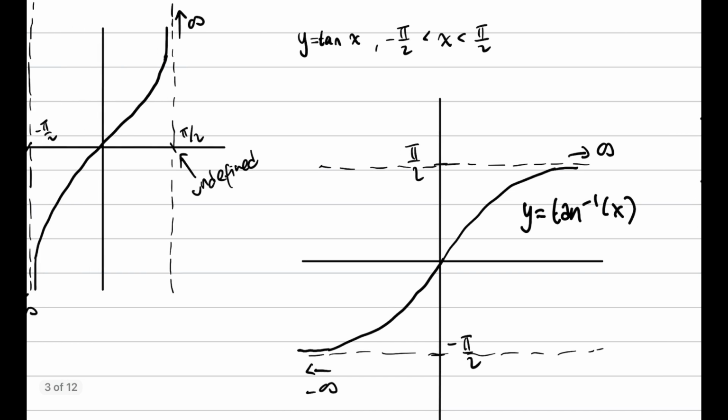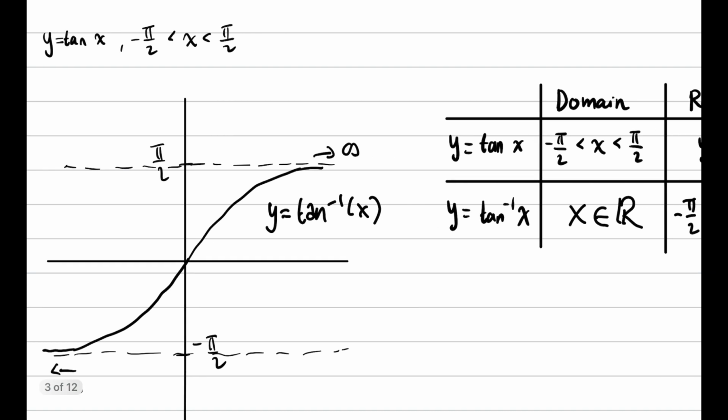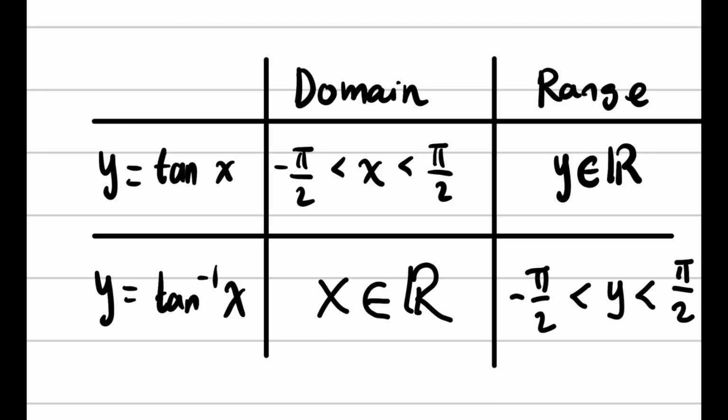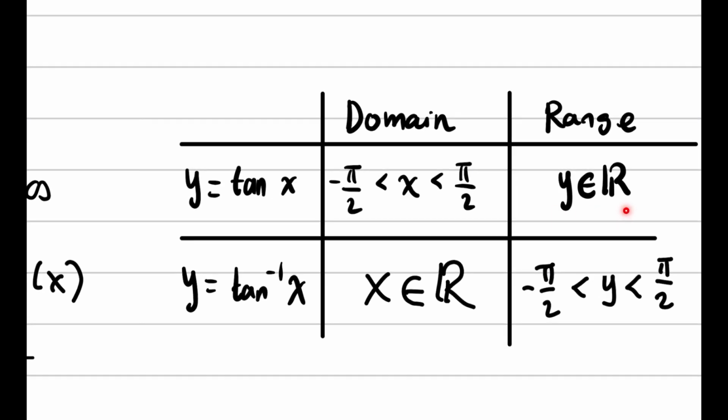So this is the graph of y equals tangent inverse x. As you can see, now the vertical asymptote becomes a horizontal asymptote. We swap from minus pi over 2 until pi over 2, and then the graph goes from minus infinity until infinity. So we can say the domain of tangent inverse x is the range of tangent x, because the tangent x range goes up forever, goes down forever, so it's all real numbers.